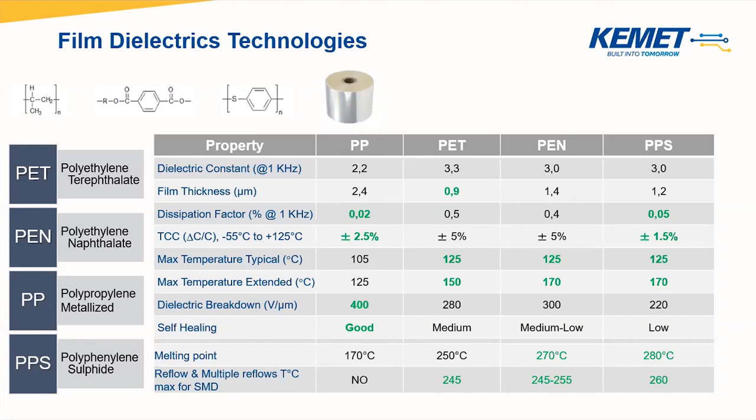The typical working temperature of the capacitor is in the range of 85 degrees, with a maximum in the range of 105, or for a very short time 125. It also has good performance in terms of dielectric breakdown.